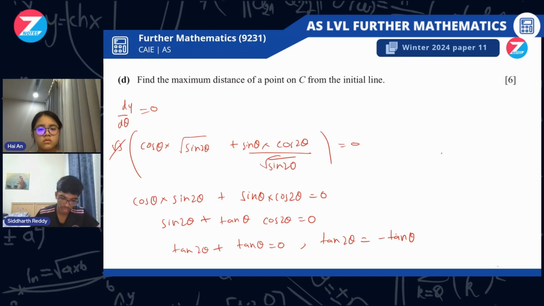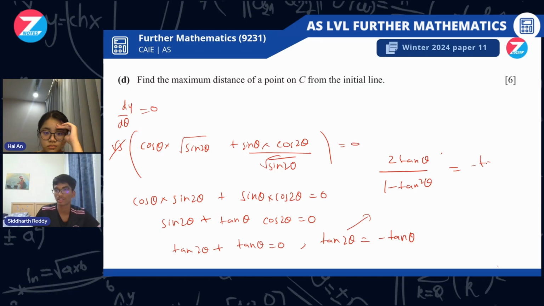Now in the formula sheet, they have given that tan 2 theta is equal to 2 tan theta by 1 minus tan square theta. So this is equal to minus tan theta. So 2 tan theta is equal to minus tan theta times 1 minus tan square theta.